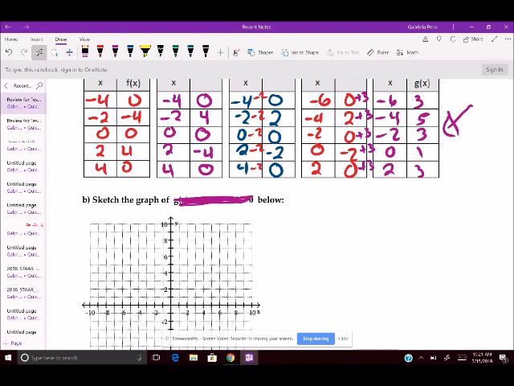So -6, 3, -4, 5, -2, 3, 0, 1, and 2, 3. So my new graph that has reflected over the X, shrunk, moved left and up, now looks like this.